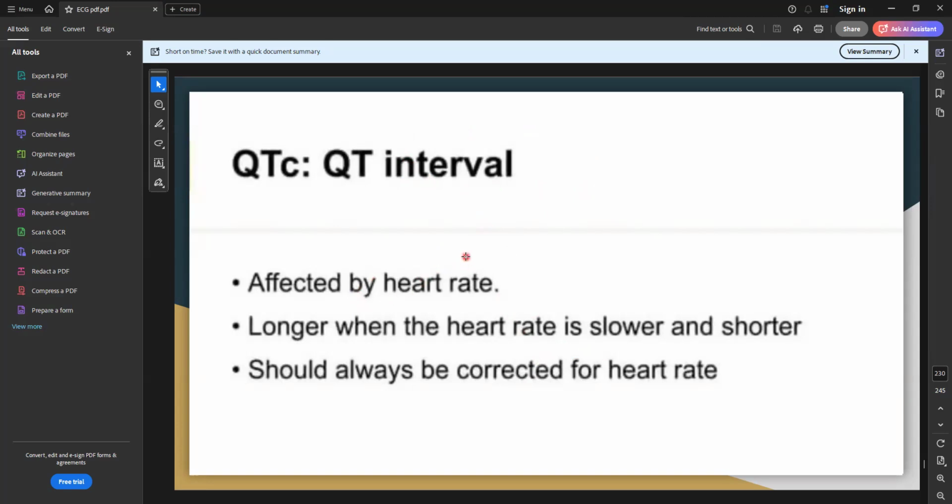When the heart rate is slower, the QT interval becomes longer. And hence, whenever you measure the QT interval duration, it should be corrected with the heart rate. Hence, you mention it as QTC.